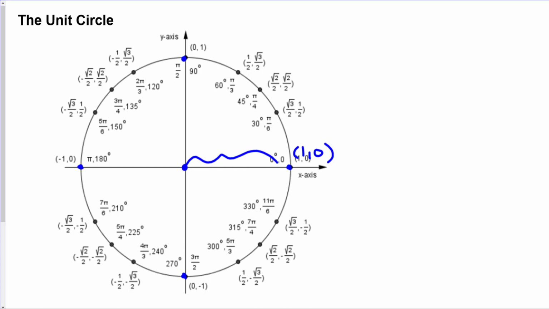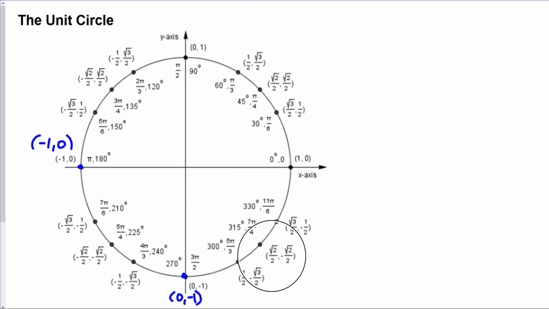Same thing if we go up 1 unit. Then I haven't gone anywhere in the x direction, but I've gone 1 unit in the y. So 0, 1 for that point. And similarly for the remaining. That's why this point's coordinates are -1, 0, and finally 0, -1. So that's where those points come from.